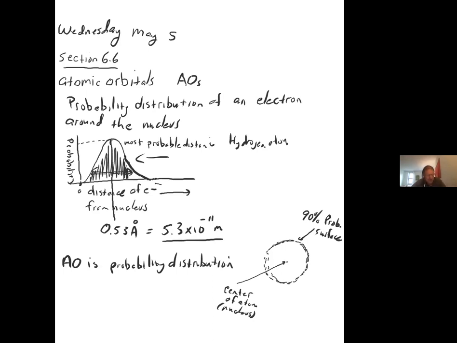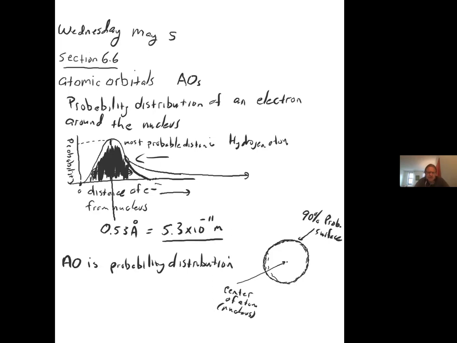Not 100%, and the reason we don't do 100% is that 100% mathematically is all the way out here. 100% is almost infinite, so we just stop at 90%. So 90% of the probability would be on this boundary surface. Sometimes it's drawn as a dashed line, sometimes as a bold line. And so really what we're claiming is there is a 90% probability that the electron is in that space.